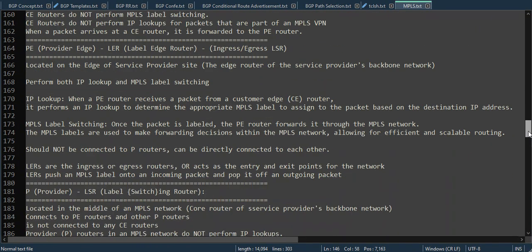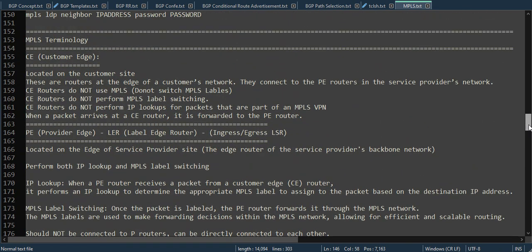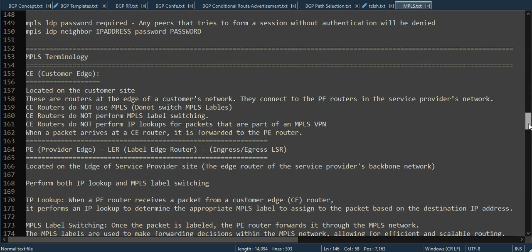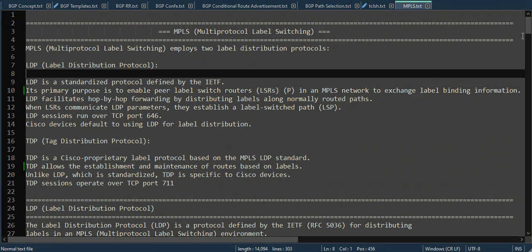And let's see MPLS terminology. What is CE, what is PE, what is LSR, P, CE, and PE?